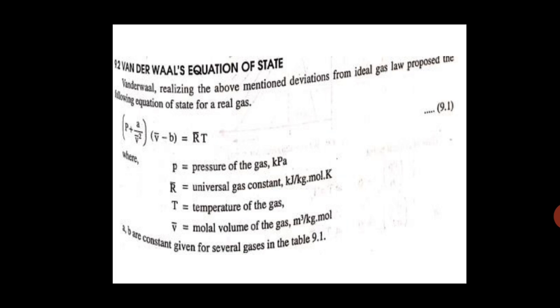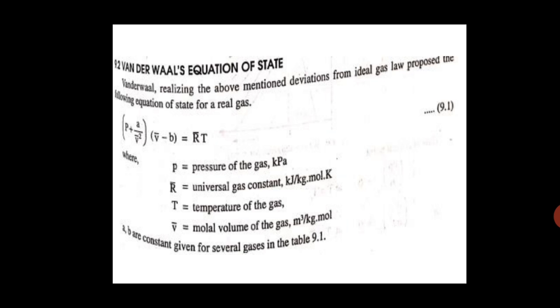So the van der Waals equation of state is for a real gas, and here he has taken two constants, because he found that there are deviations from the ideal gas law. The two deviations are, one, the volume which the gas molecules occupy, and second, the intermolecular forces between the molecules of the gas.